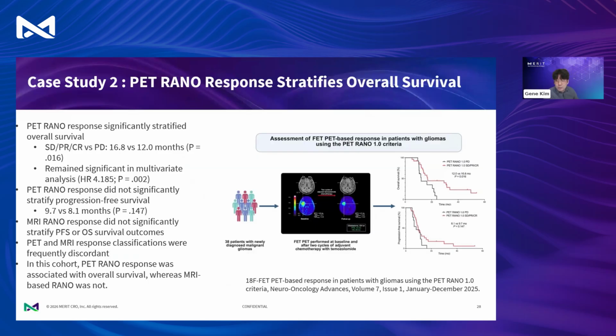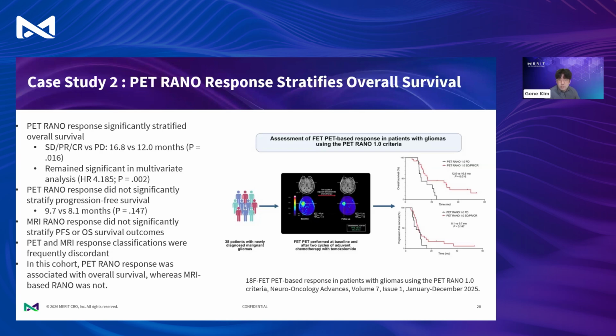Patients classified as stable disease, partial response, or complete response had a median overall survival of 16.8 months compared to 12 months in PET PD, with a p-value of 0.016. That finding remains significant in the multivariate analysis, with a hazard ratio of 4.185 and a p-value of 0.002.